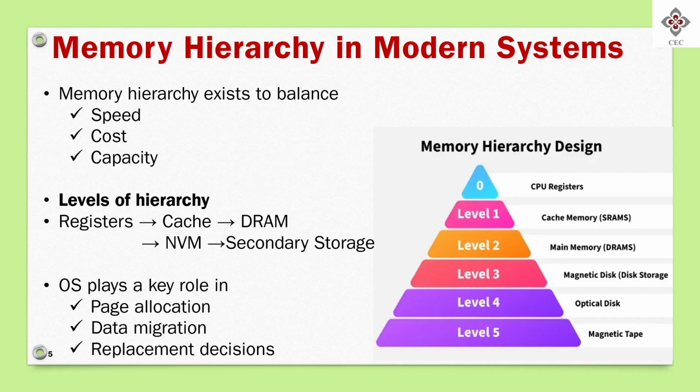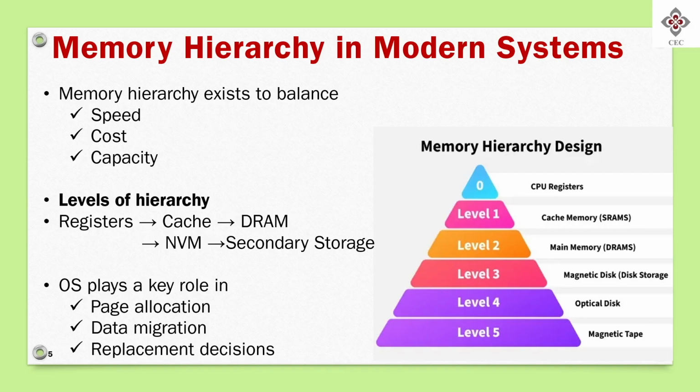Then we have to replace: for example, if I want to replace an item, you have to choose which item to replace. So, you have to find the victim data. That is also a decision making process. So, the OS will play a key role in page allocation, data migration, and replacement decisions.